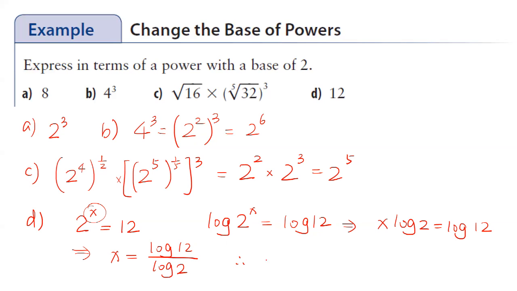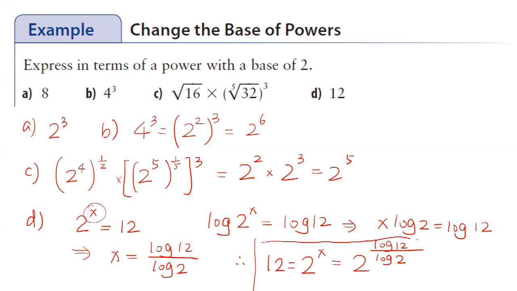So we can express 12 as 2 to the power of x. And we have already known that x is log base 10 of 12 over log base 10 of 2, right?